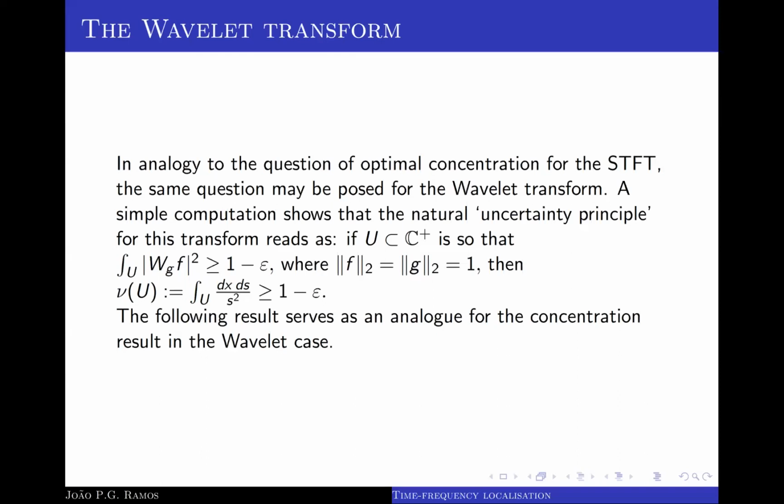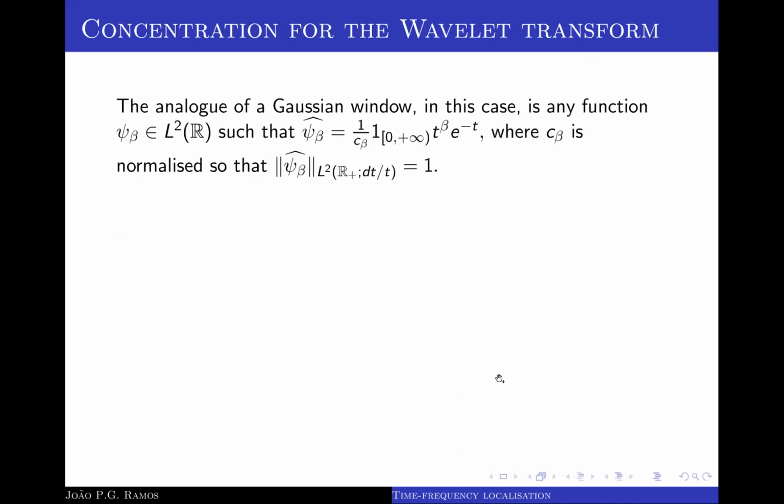Is this result sharp? What else can be said about this result? Is there a special class of windows, just like in the other result, that we should look at first to try to get the solution of this problem? Answering this last question, there is a natural class to consider, which is this class of functions psi beta, which are, if I'm not mistaken, the Cauchy wavelets.